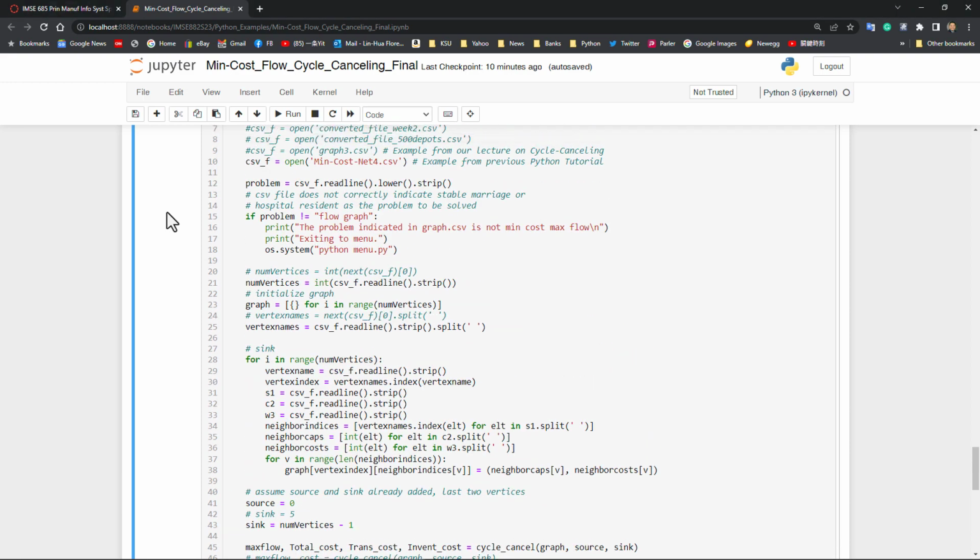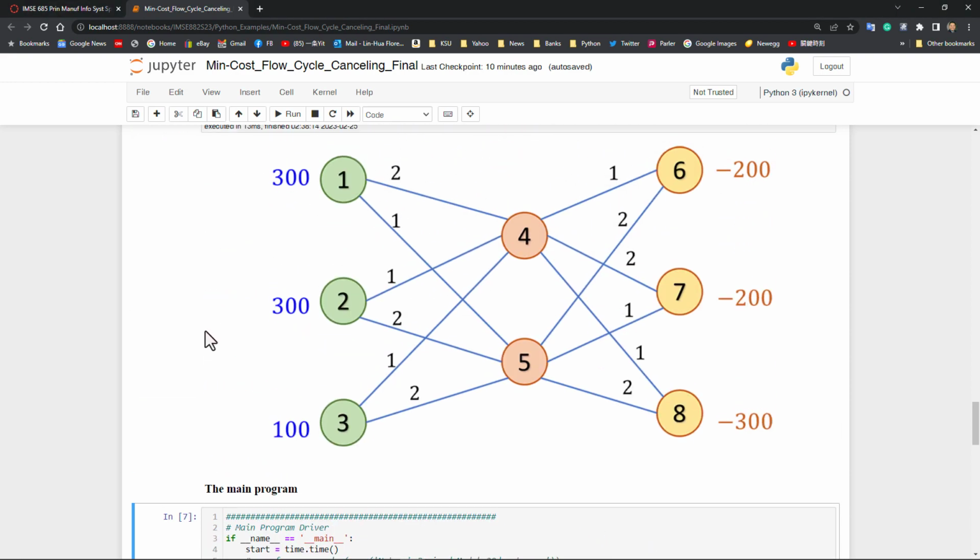So here we have a total of 10 nodes. We're adding a dummy node in front and taking all the node supply as the upper bound on the arc to the dummy supply node.